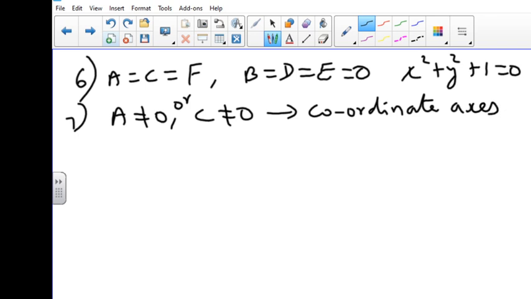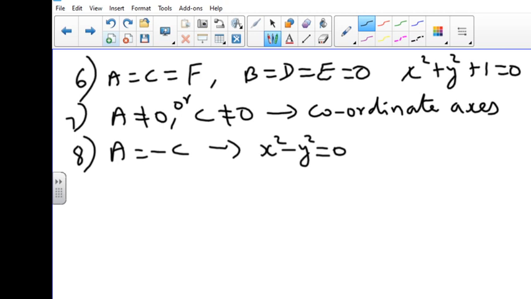When A is equal to minus C and all others are 0, we get x square minus y square is equal to 0, which are pair of straight lines.